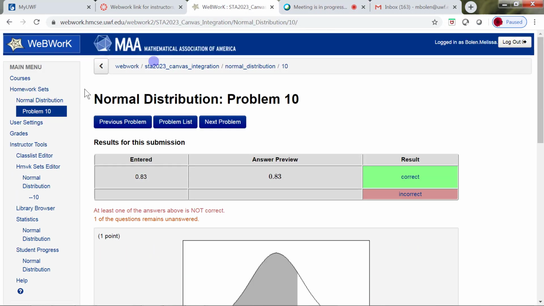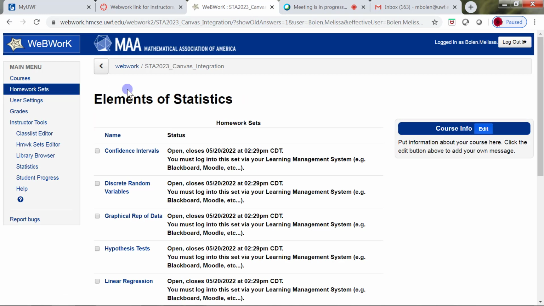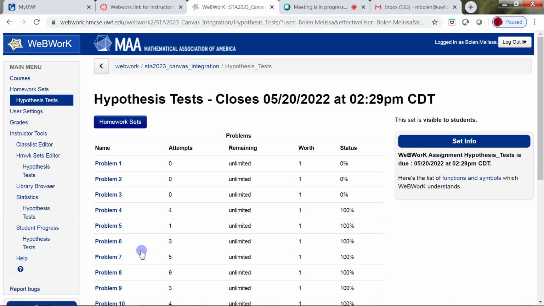So we're going to pull up mod 8, number 11. Let's come up here to homework sets, number 11 on hypothesis testing. Here we go.